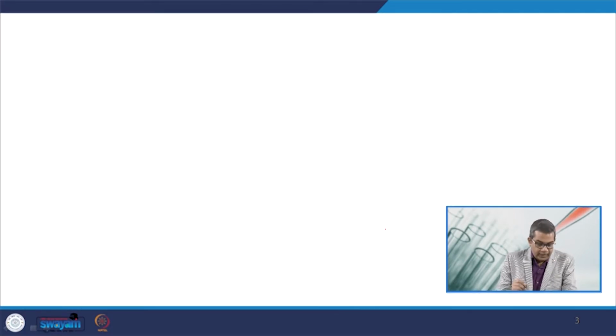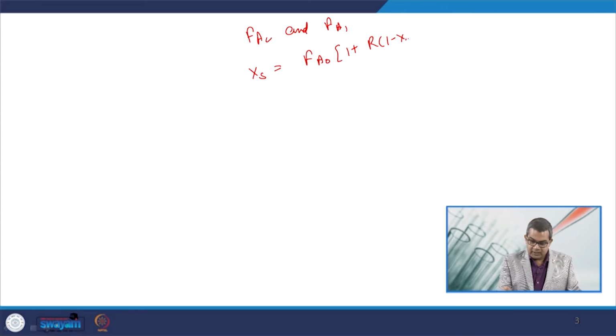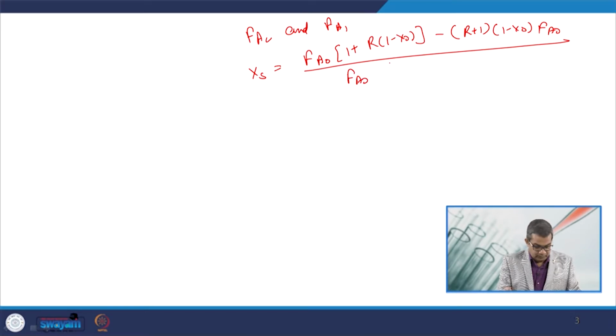Now, if we eliminate FA2 and FA1, XS is equal to FA naught (1 plus R (1 minus X naught)) minus (R plus 1)(1 minus X naught) FA naught, divided by FA naught (1 plus R (1 minus X naught)).